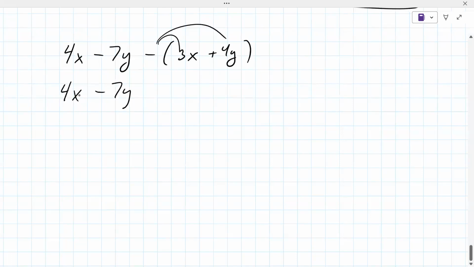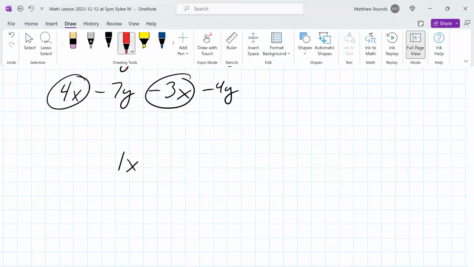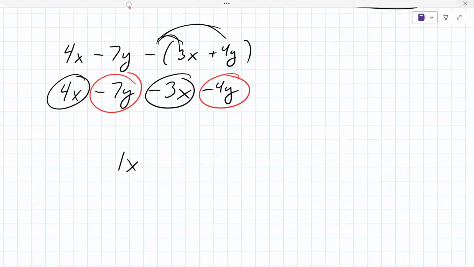Can you tell me the result of distributing this negative inside the parentheses? Would the answer be 1x plus 3y or minus 3y? Nope. What do you get when you distribute the negative in? -3x minus 4y. Okay, so your 1x is correct. Now it's minus 7y minus 4y. Would it be 11y? -11y. All right, good job.